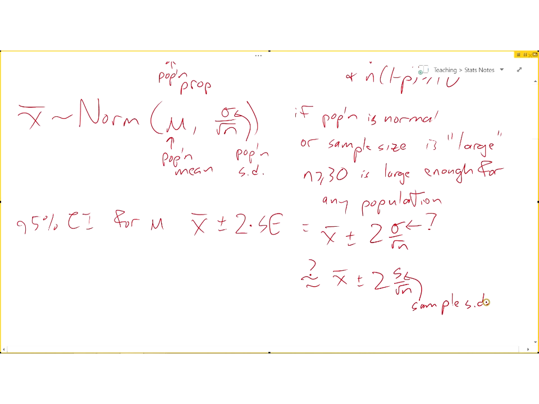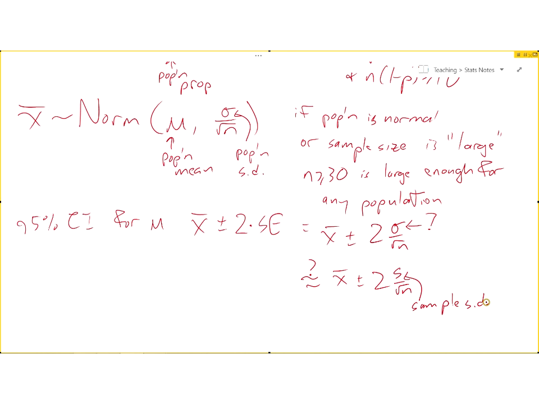The only issue with that is that it turns out the error rate goes up. When we do a 95% confidence interval, we expect to capture the population mean 95% of the time, which means we miss it 5% of the time.